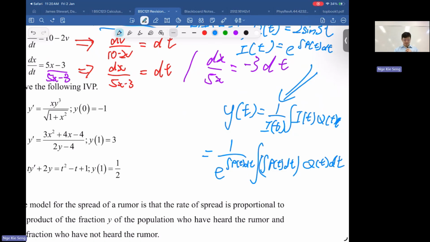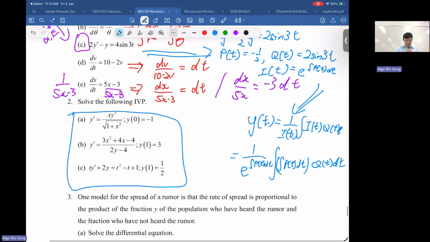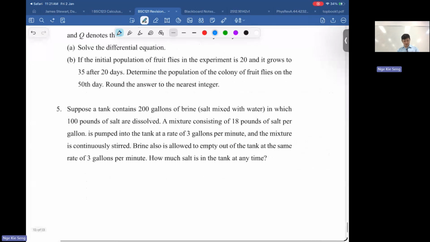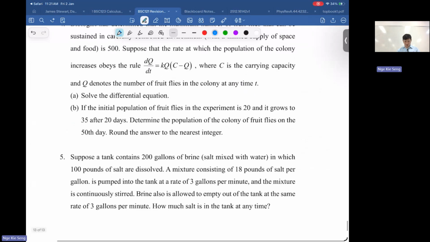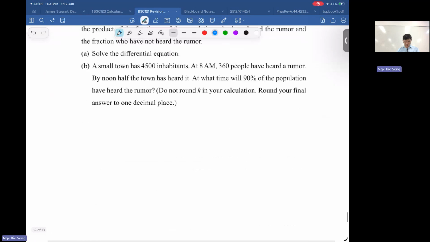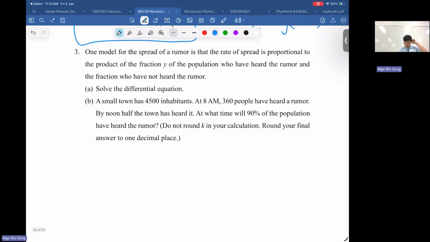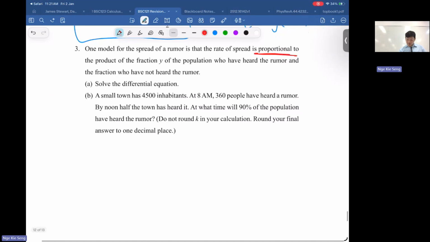Now, I think this will be solved similarly, so let's skip it. How about 3, 4, and 5? Number 5 is very similar to what we did last time, the concentration of salt. Number 3 is a model of growth. This growth model is linear, meaning proportional.